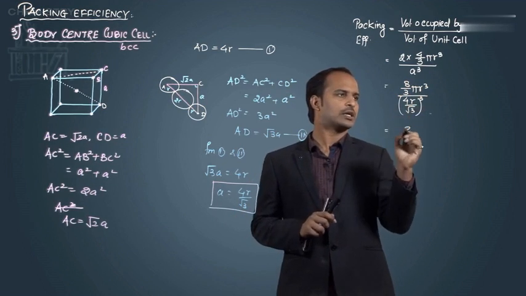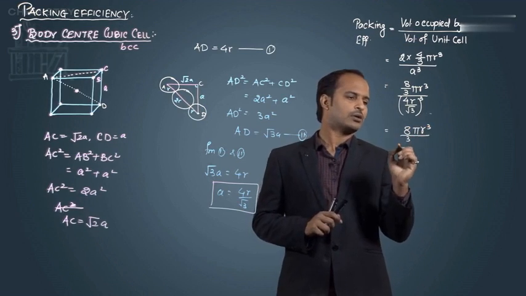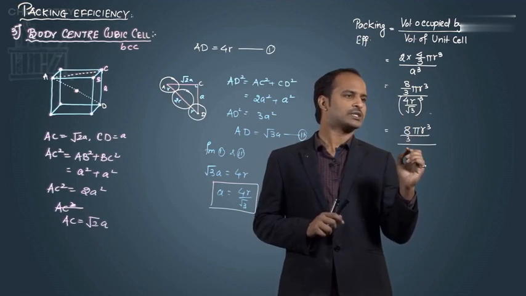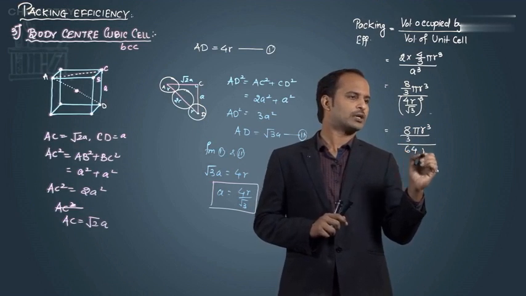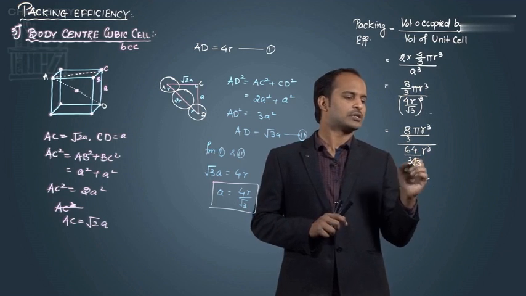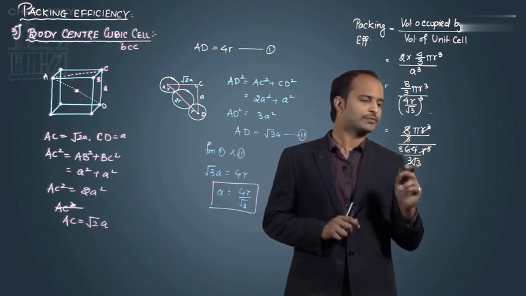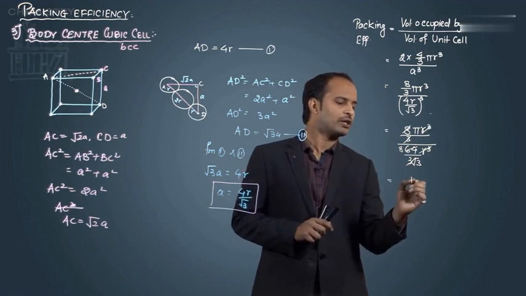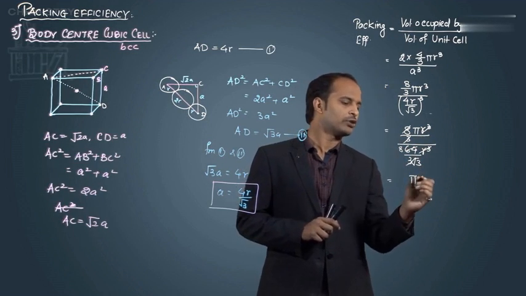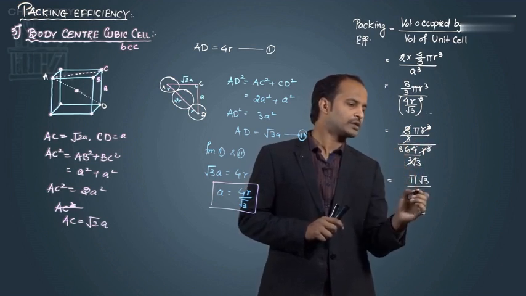So here I can say 8 pi R cube upon 3, upon 4 4s are 16, 4 16s are 64 R cube upon 3 root 3. This 3 will get cancelled, 8 8s are 64, R cube will get cancelled. So in the numerator we have pi, root 3 will move to the numerator, so pi into root 3, upon, in the denominator only 8 is left.